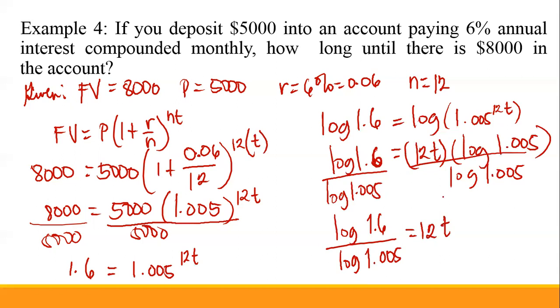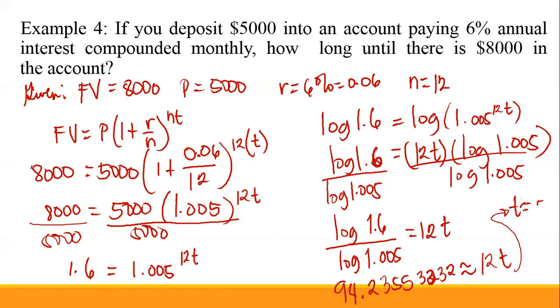So you can use now your calculator. So this is now equal to 94.23553232, almost equal to 12t. So yung time natin dito is equal now to, it's almost 7.9.